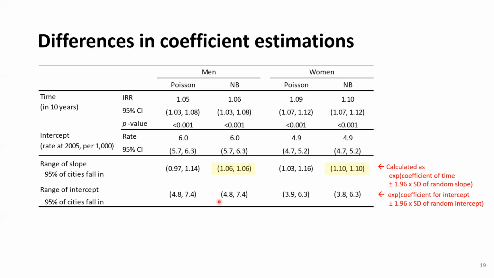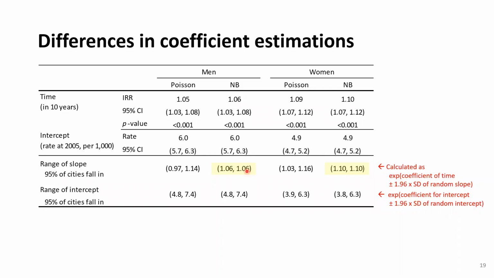So there is no difference between the Poisson and negative binomial models, and for women as well. But when we look at this range of slopes in which 95% of cities fall, there's a difference between Poisson and negative binomial. The negative binomial interval is almost nothing, or the same as this one, because if you recall, the random slope for negative binomial was almost zero.